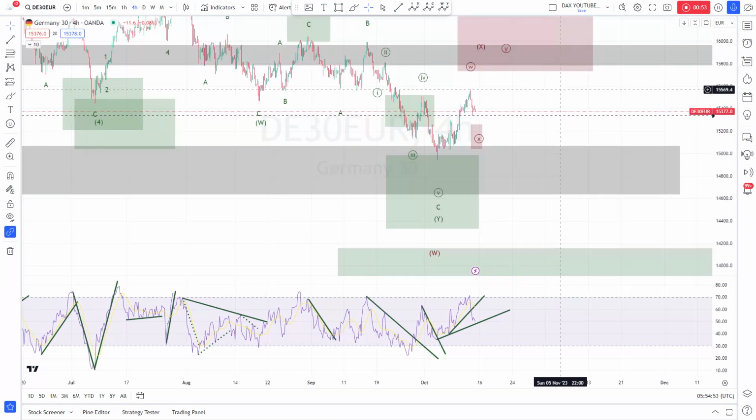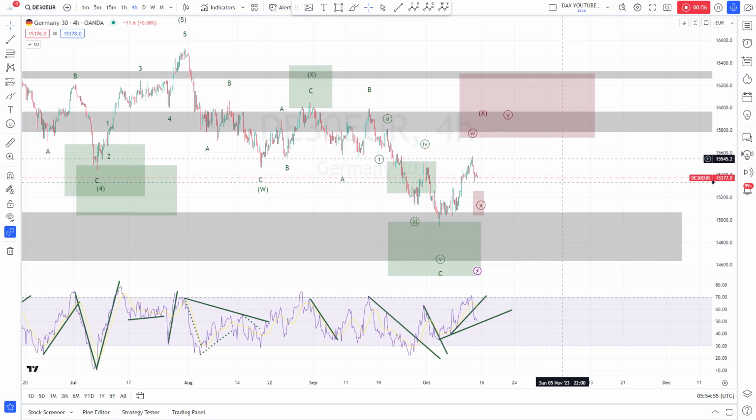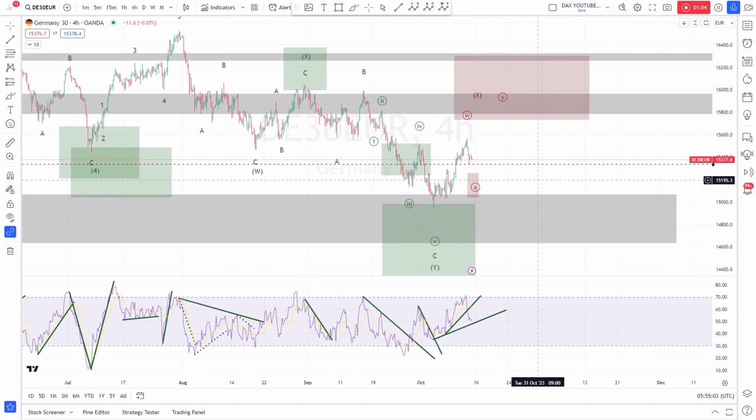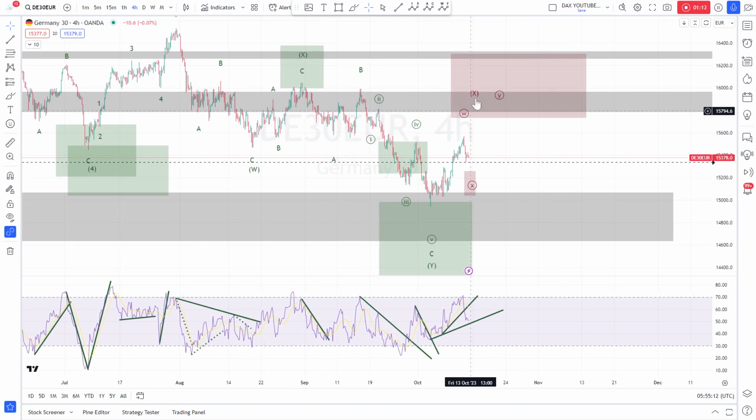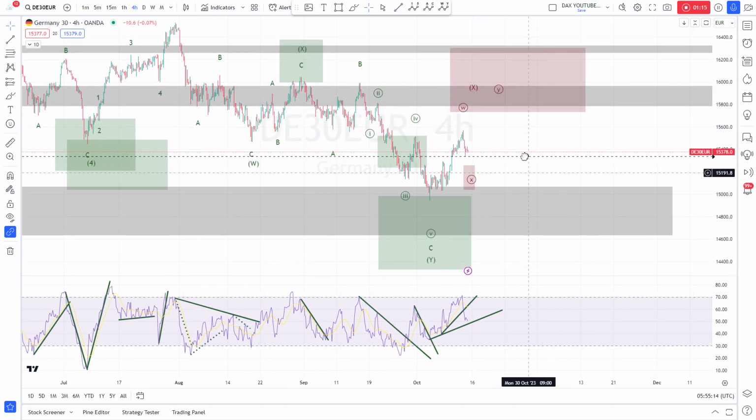If you want to have more details on this, please have a look at my higher time frame analysis. So as we did not reach the wave 2 area, there is definitely the possibility that this WXY here in green is just part of a bigger WXY as shown here in red.